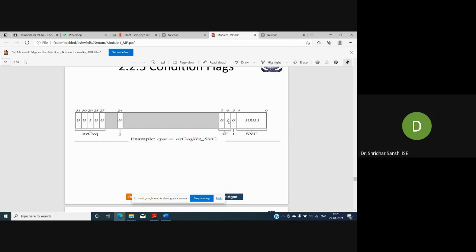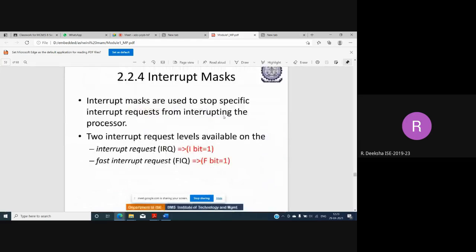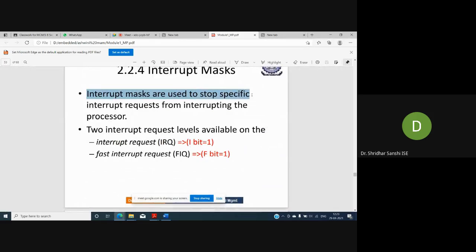These kinds of interrupts should be ignored at that particular time because the mask is set as 1. Interrupt masks are used to stop specific interrupt requests from interrupting the processor. So this bit equal to 1 means the fast interrupt request cannot stop the execution of the processor.